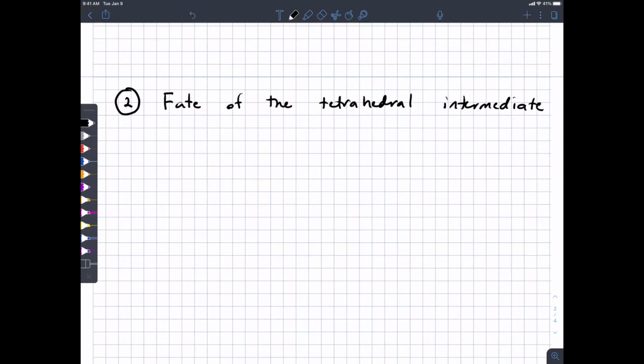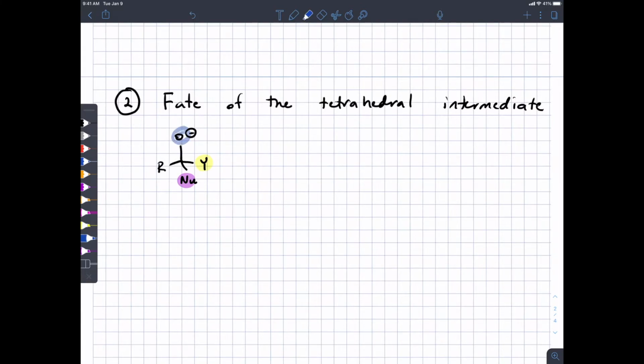Let's see. All right, so fate of the tetrahedral intermediate. Let's start with a negatively charged tetrahedral intermediate, and what we learn for this one will be useful when we deal with a neutral tetrahedral intermediate. So in the tetrahedral intermediate, you have a negatively charged oxygen, you have a nucleophile, and you have whatever this Y group is.